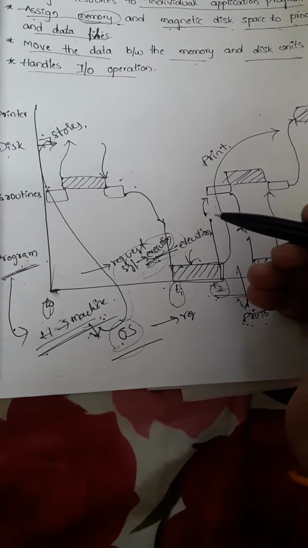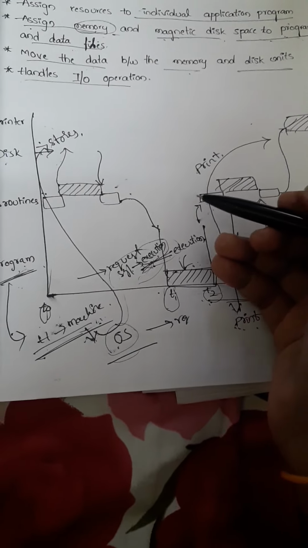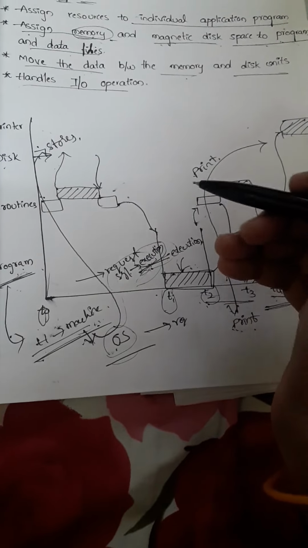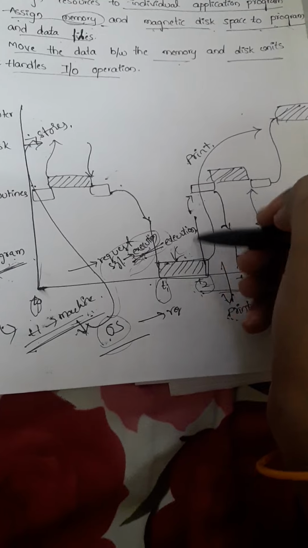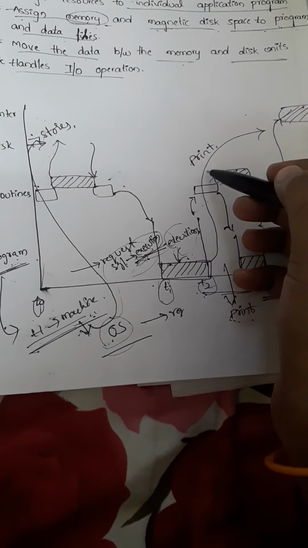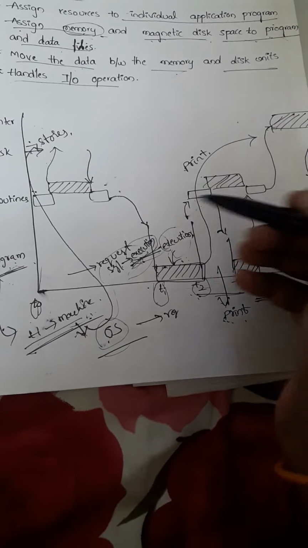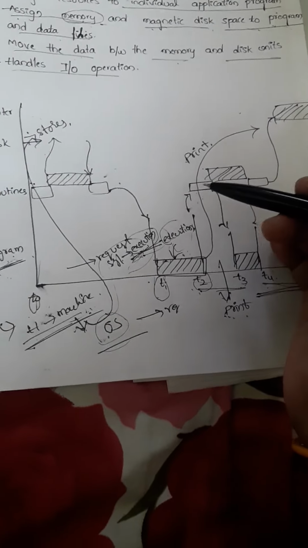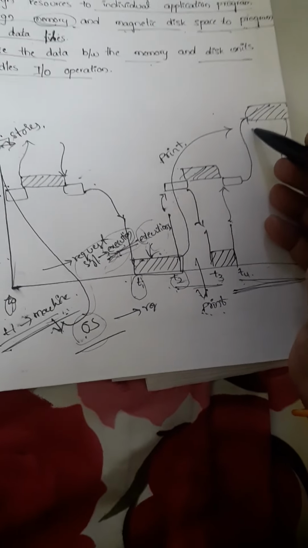The user program sends one more request signal to the processor, and that signal is the print command. After execution is completed, it will send the print command, so automatically at t3 to t4 the print command will be issued, and the OS will print the information.